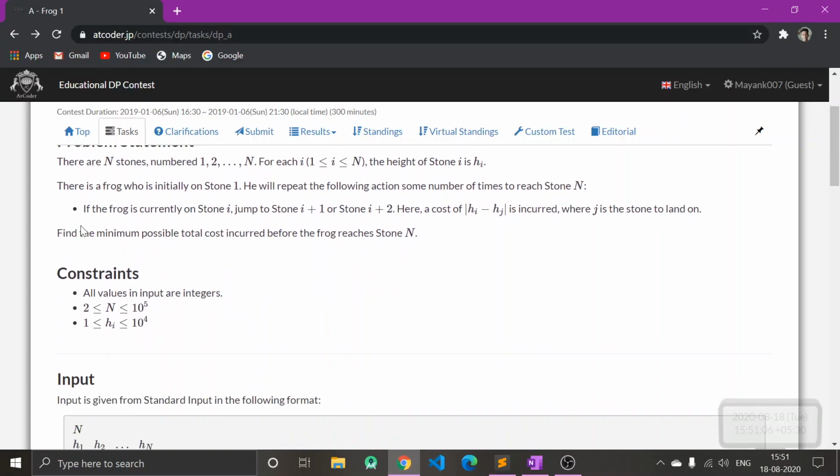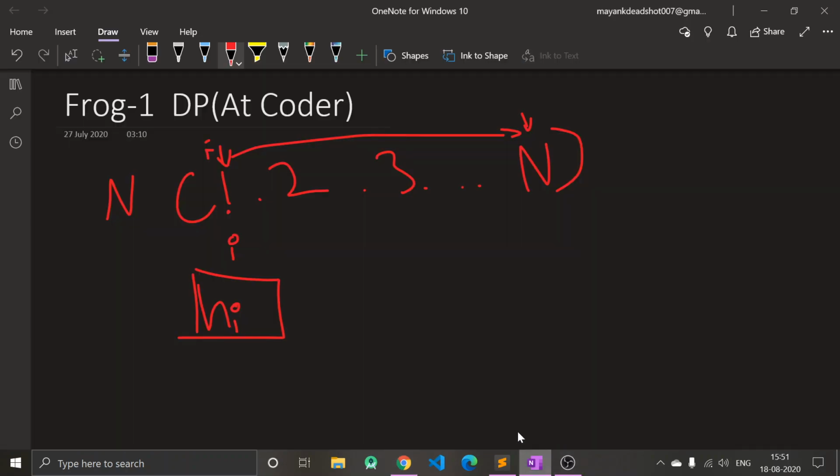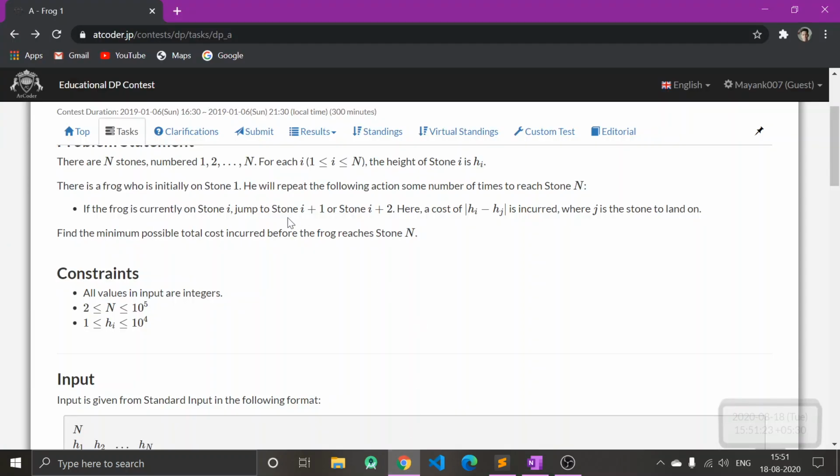The condition is: if the frog is currently on stone i, suppose it is on 1, then it can jump to stone i plus 1 or stone i plus 2.